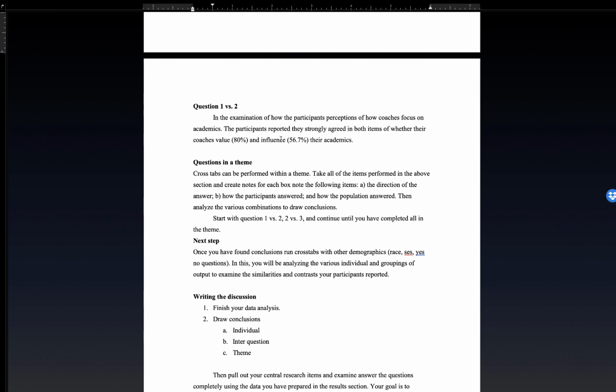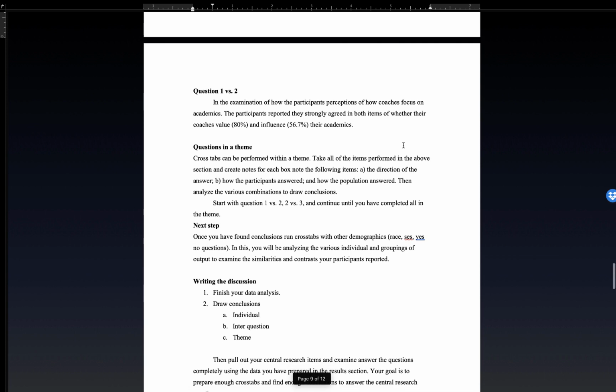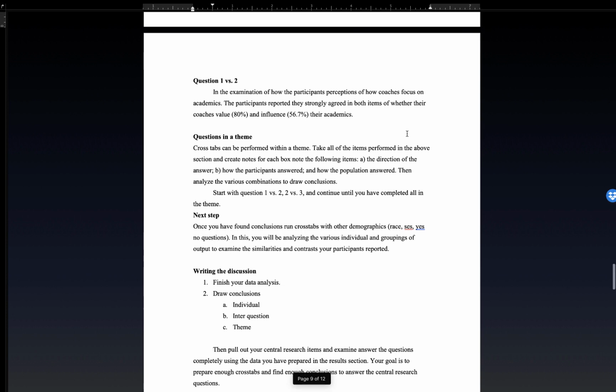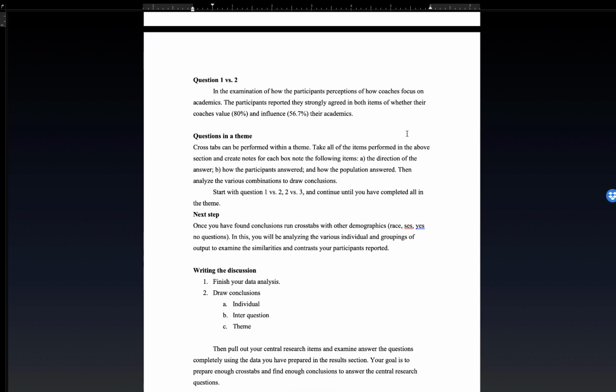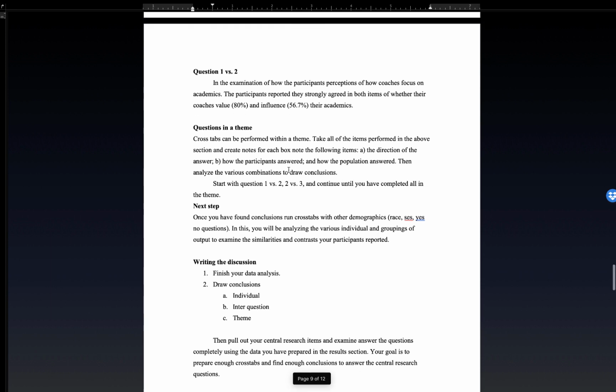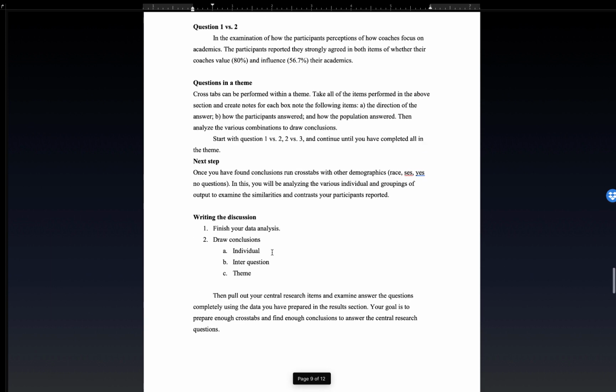So, an examination of the participants' perceptions on how coaches focus on academics: the participants reported they strongly agreed on both items of whether their coaches value, 80%, and influence, 56%, academics. Now, this is something else you can look at. It'll be posted in there.